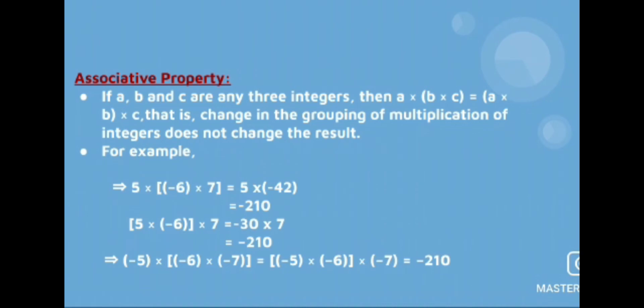Next in RHS, 5 into minus 6 into 7. So 5 6s are 30. Alternative signs, include a negative sign. So minus 30 into the next integer 7. So 30 into 7 is equal to minus 210. So LHS is equal to RHS. So the associative property is also satisfied under multiplication of integers.